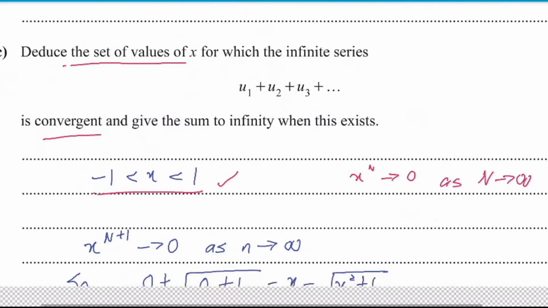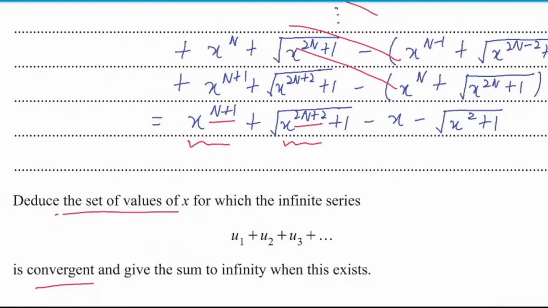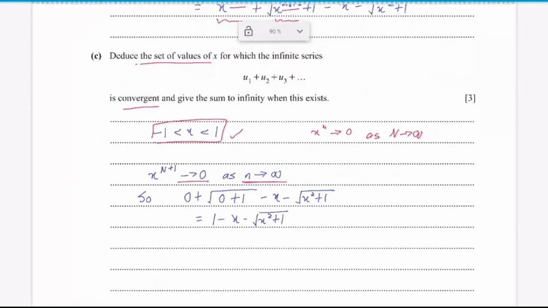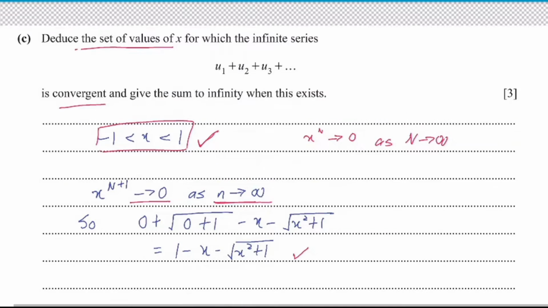So from here, what we are looking at is the power n plus 1 and power n plus 2. Those terms will approach 0 as n approaches infinity. This is what they want us to look at. You can see how many marks for this question. It's 3 marks here. This is 1, and then the answer is 1. What are the terms that are affected?